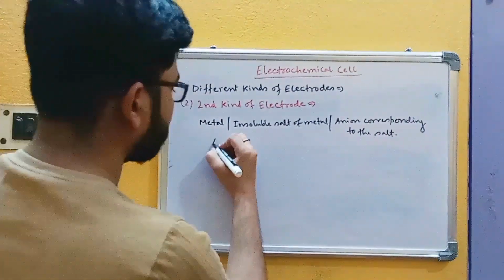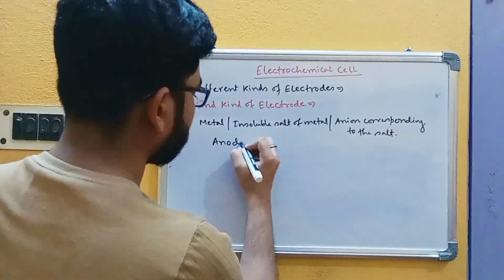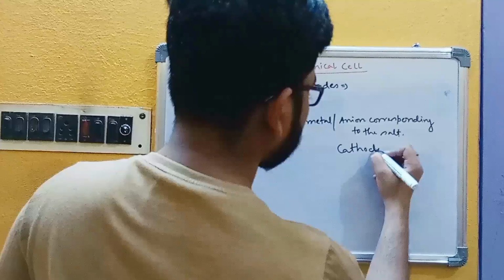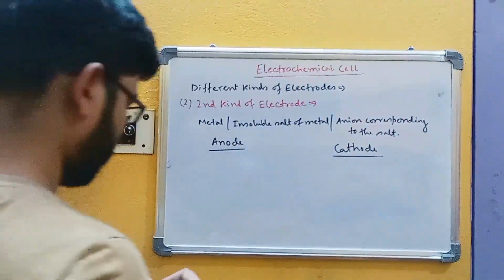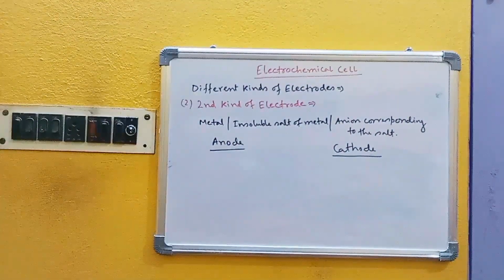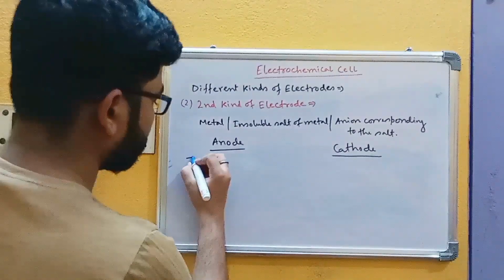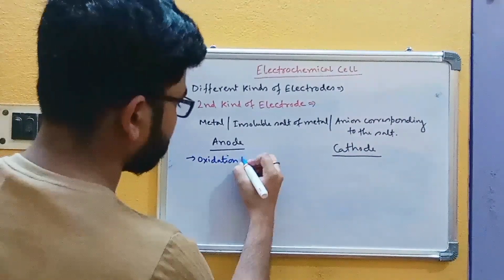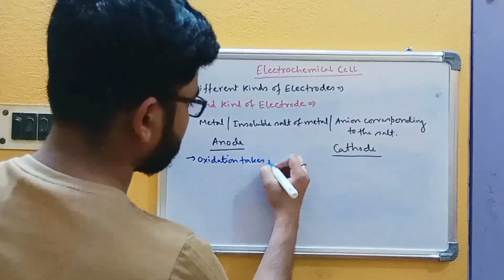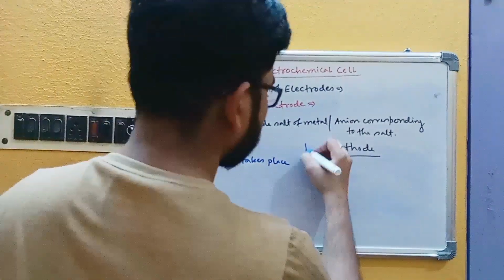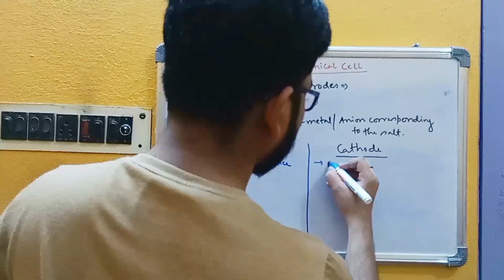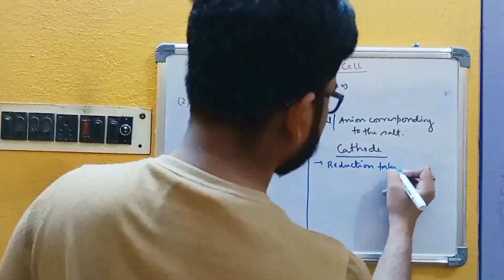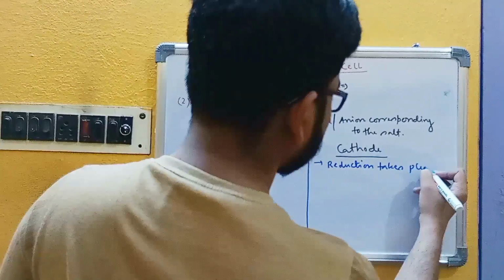So here we write anode and here we write cathode. So here oxidation takes place and here reduction takes place.